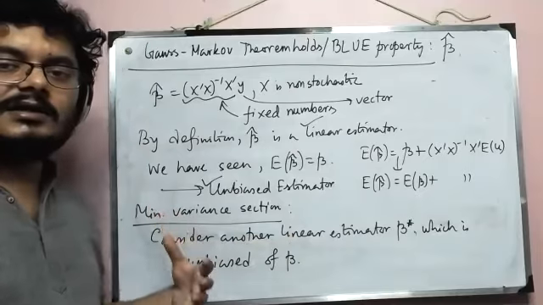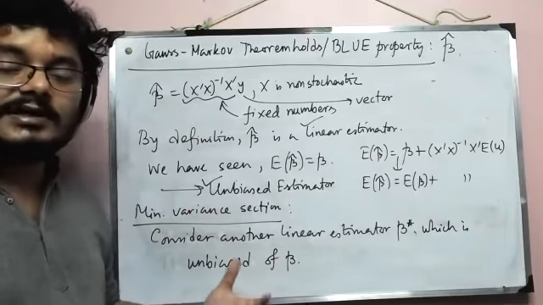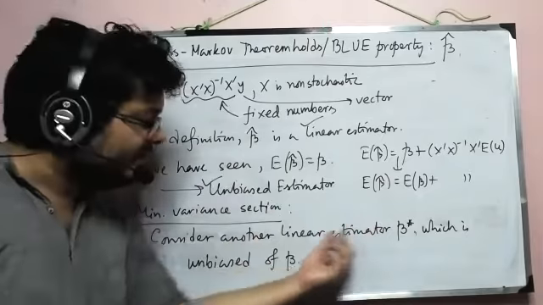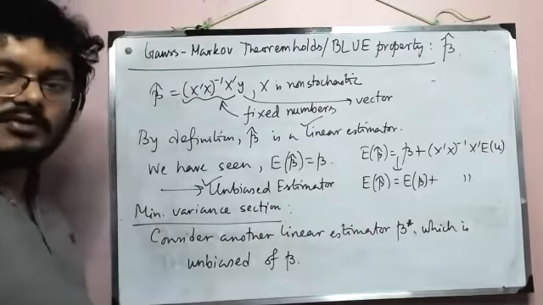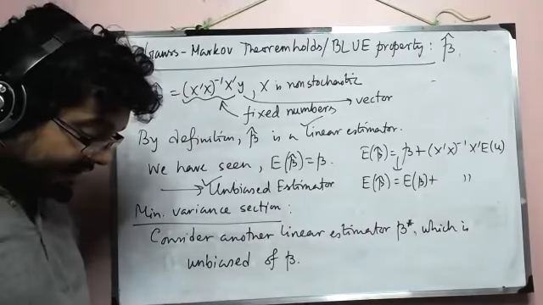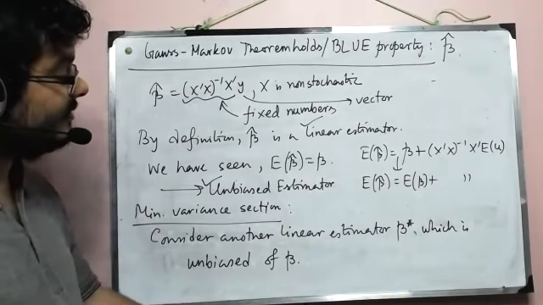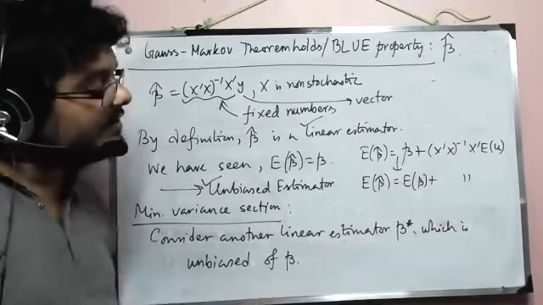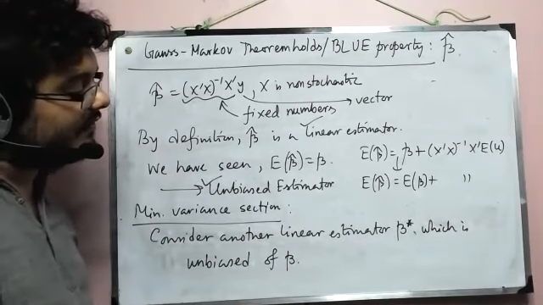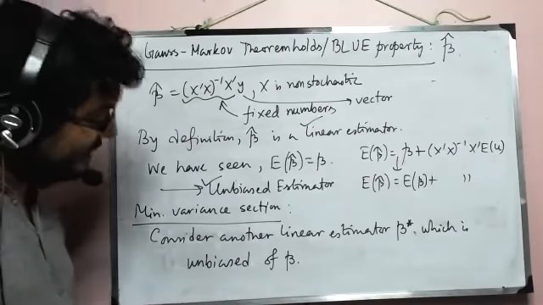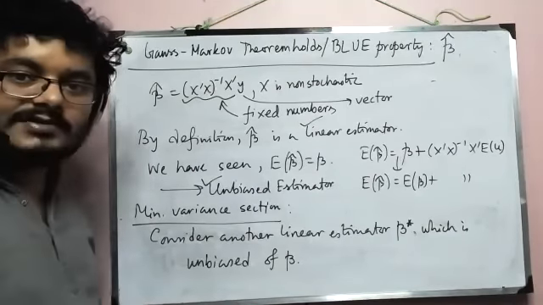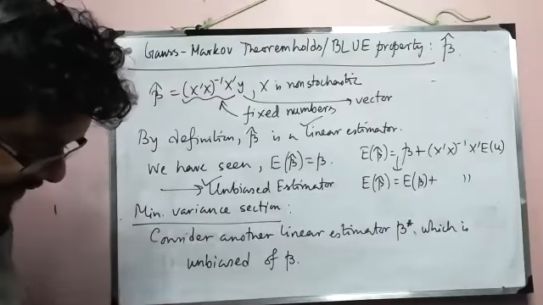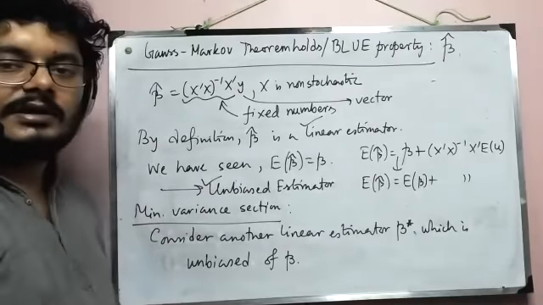Then in the next step, I'm finding the condition from beta star being linear and unbiased, and then I'm showing that I can't have another estimator with a similar functional structure but with variance less than that of beta hat. Okay, so we'll do that in the next session.